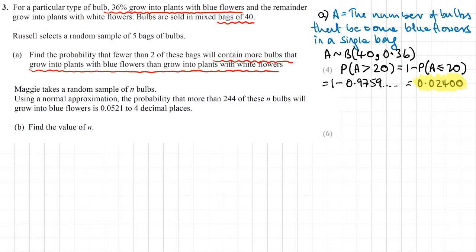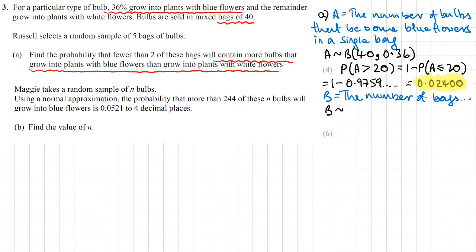Right, so now we're going to be looking at the 5 bags. So B, this is my next random variable, will stand for basically the number of bags. I'm not going to write the whole thing out. Maybe I should have used a different letter because I'm going to have B for binomial as well, but never mind.